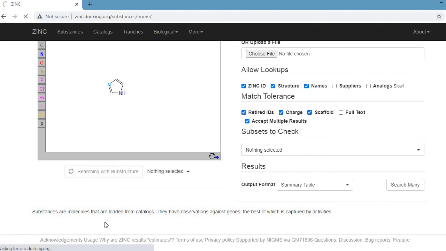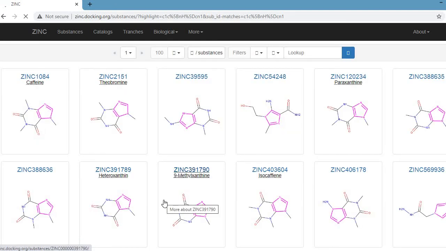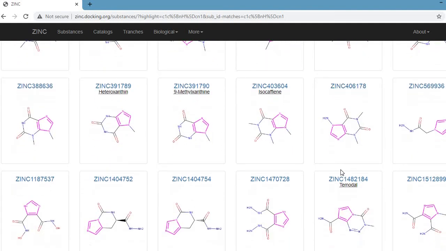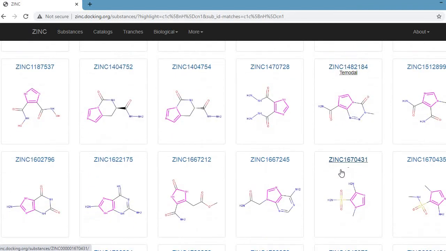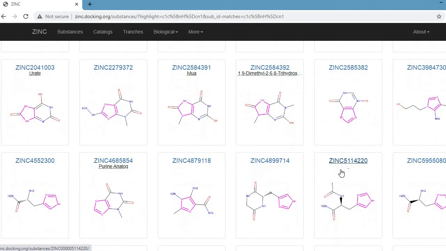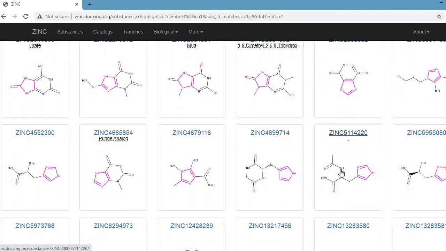Searching with substructure. So here I got a lot of molecules having this substructure. Actually it is a very common substructure found in many drugs. I can take any of these for further studies.